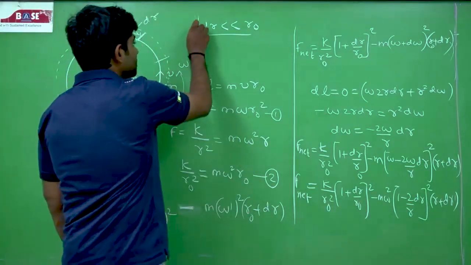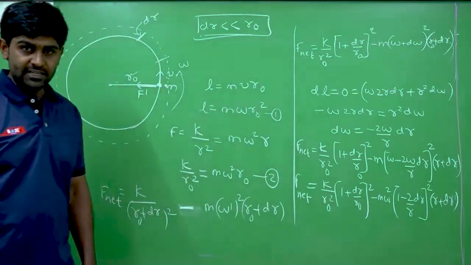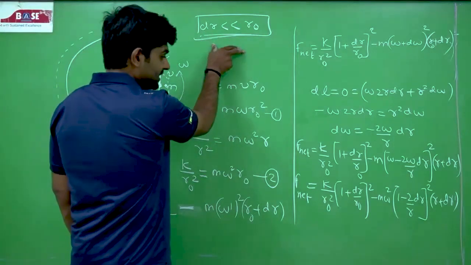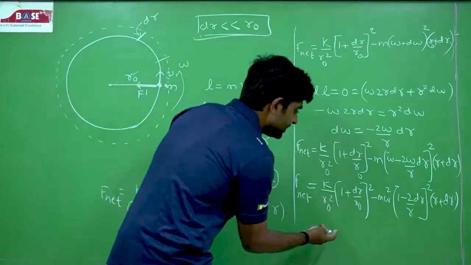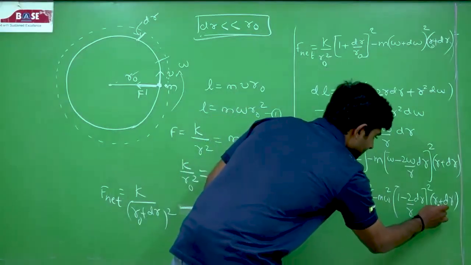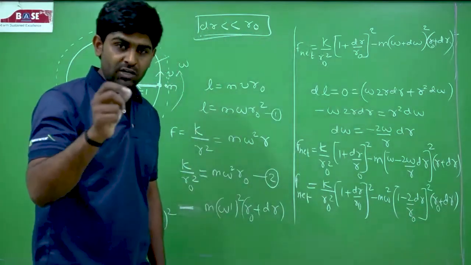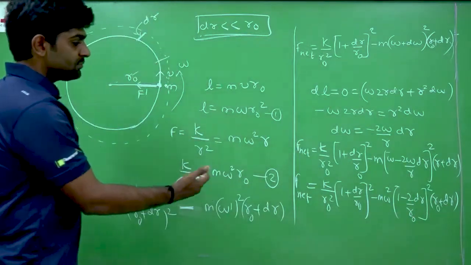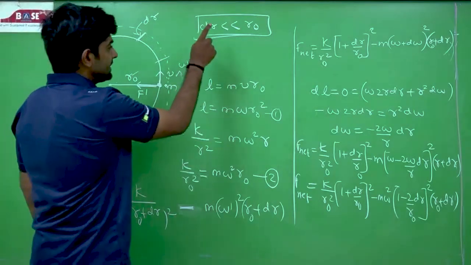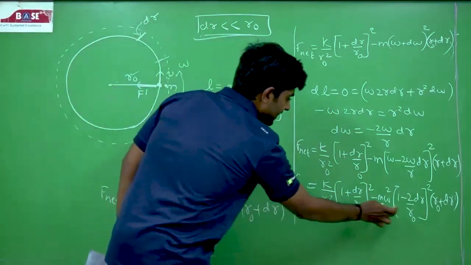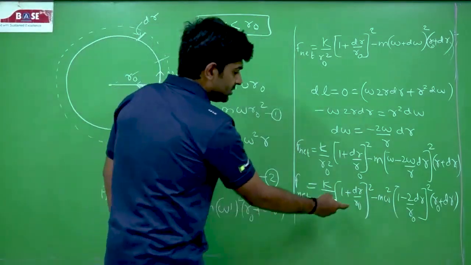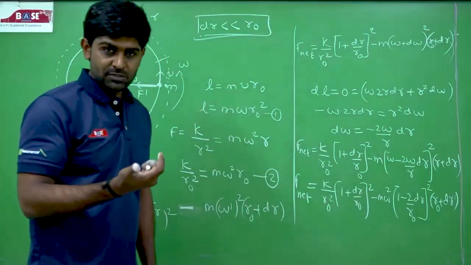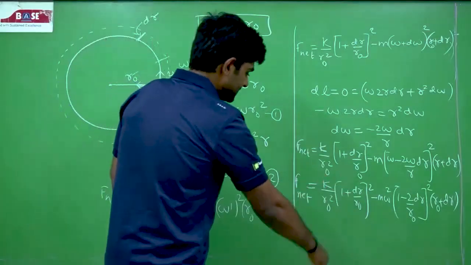Now observe, till now we did not do any approximations. We did not use this particular condition yet. Now we are going to employ it, ensuring that wherever we have r, it is r naught, because about r naught we are giving a small displacement. Here we have these kinds of terms, so we'll use the binomial approximation and simplify a bit.